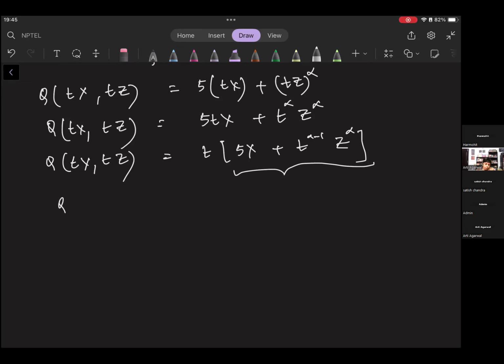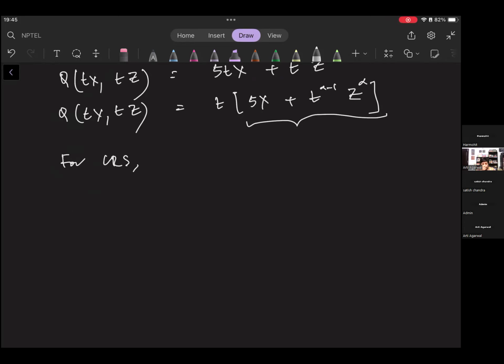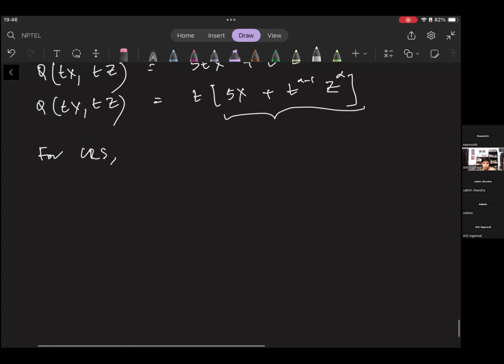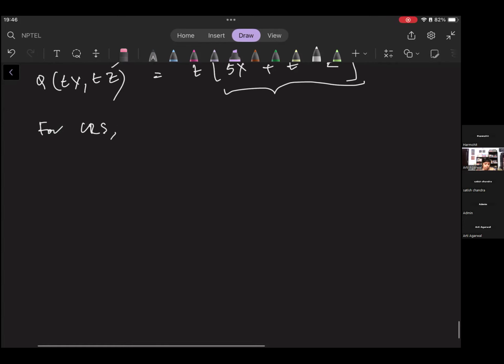So what we want is that for CRS, let's rewrite the expression. Actually, I'm showing the whole steps and everything, but you can answer this question just by looking at the function. You don't need to solve all this. Of course, if you're asked in a subjective exam, you will need to solve it. This is the condition we need for CRS.